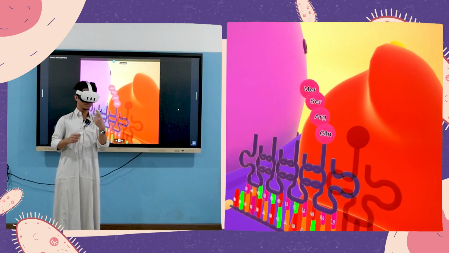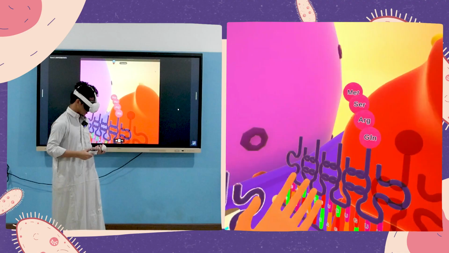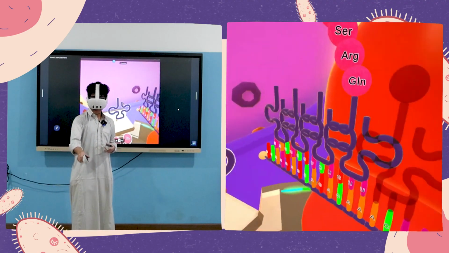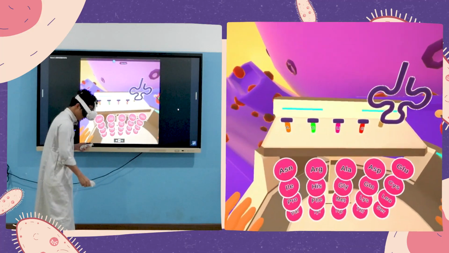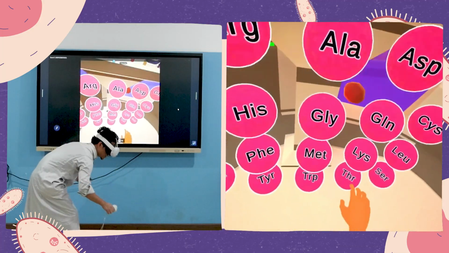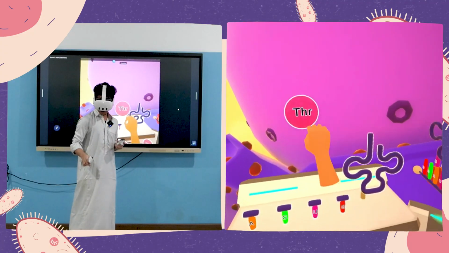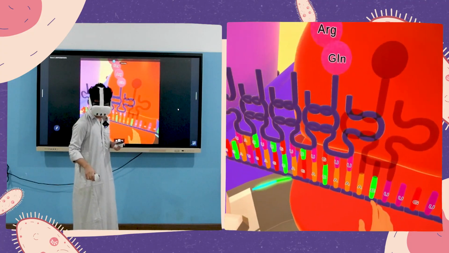Now it's going to be becoming the amino acid. So let's see right here. We have ACU. That's going to be the THR. Okay, let's pick this thing up and let's put the corresponding sequence codons.